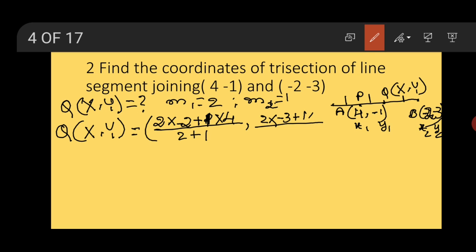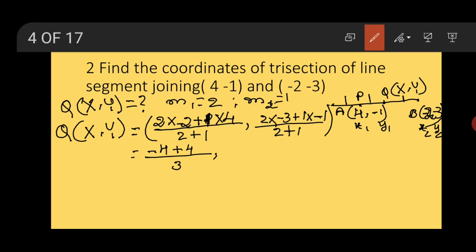And the Y coordinate: M1 is 2 into Y2, Y2 is minus 3, plus M2 is equal to 1 into Y1, Y1 is minus 1, divided by M1 plus M2.